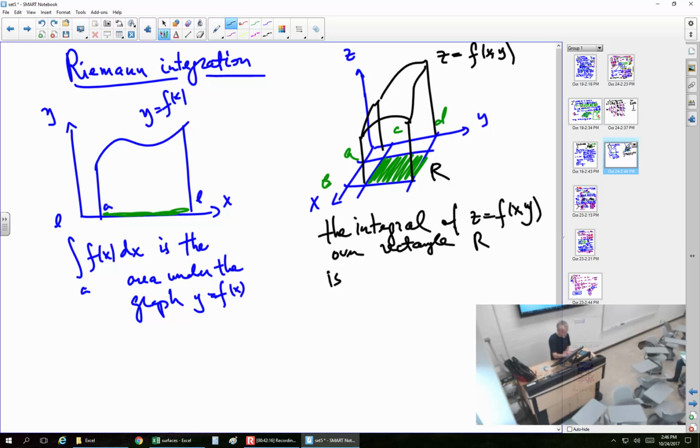We had a curve and a segment, and the integral is the area under the graph. And now we have a surface. So what are we talking about? Under the graph. What is it? Volume. It's the volume of the region under the graph.